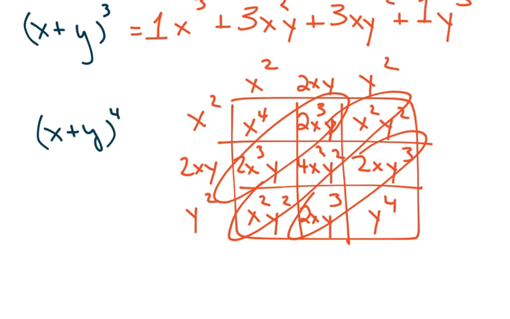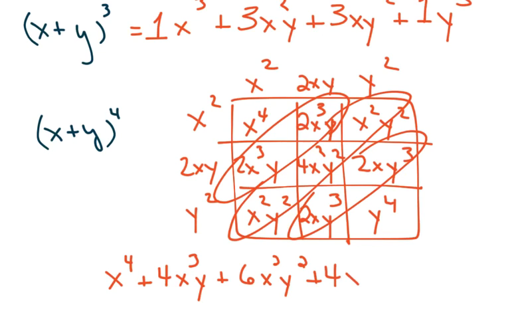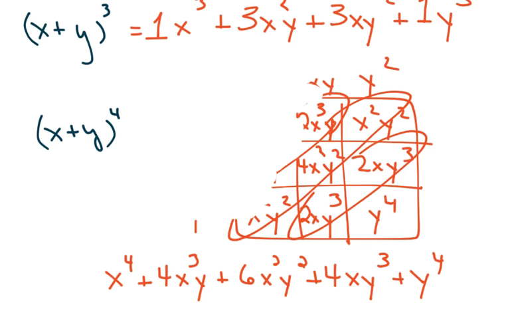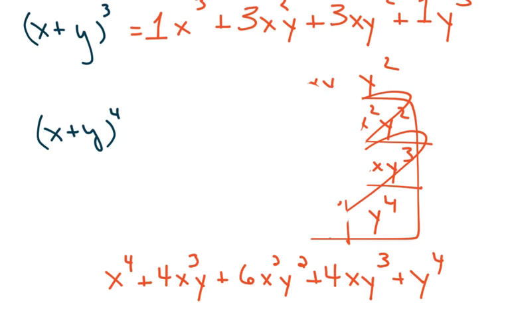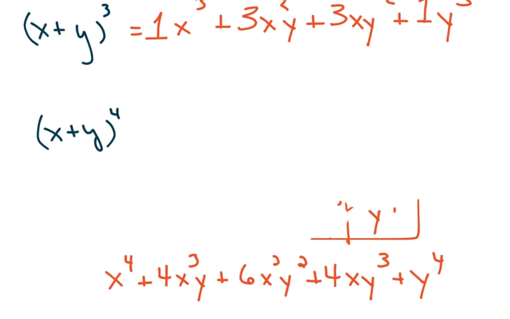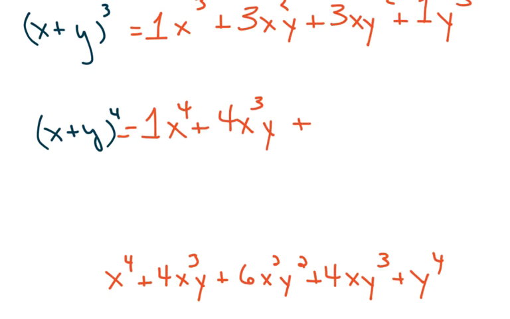So I'll combine my like terms, and I get x to the fourth plus 4x cubed y plus 6x squared y squared plus 4xy cubed plus 1y to the fourth. And then get rid of my box here. And I'm going to write my answer a little bit nicer here. So 1x to the fourth plus 4x cubed y plus 6x squared y squared plus 4xy cubed plus 1y to the fourth.